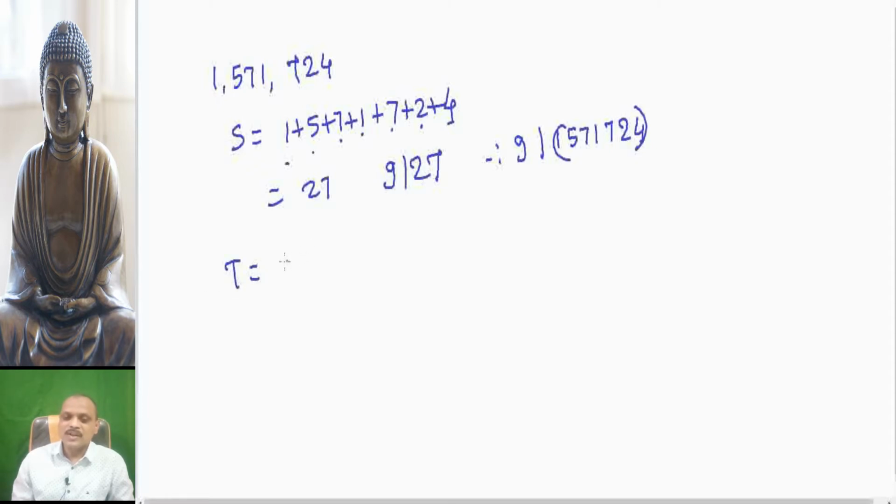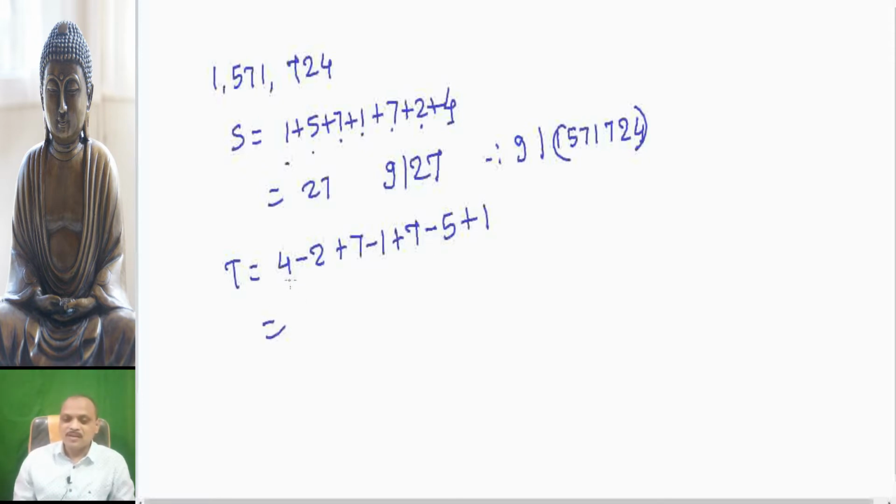Now t equals 4 minus 2 plus 7 minus 1 plus 7 minus 5 plus 1. This is our t.